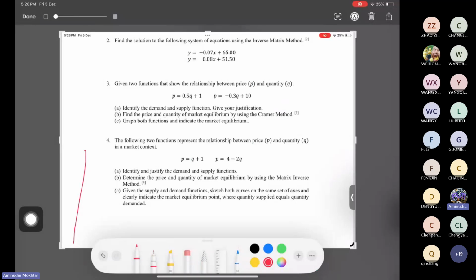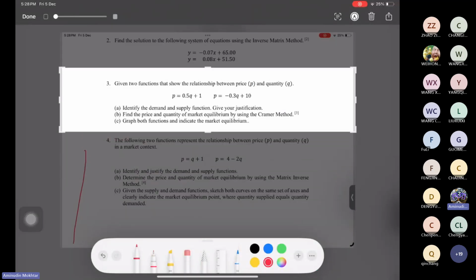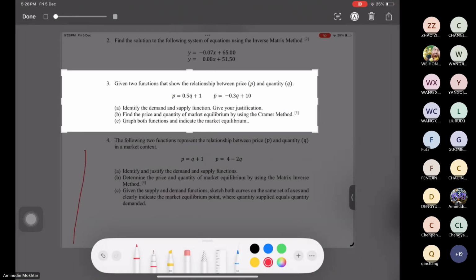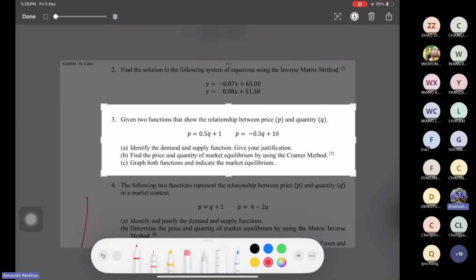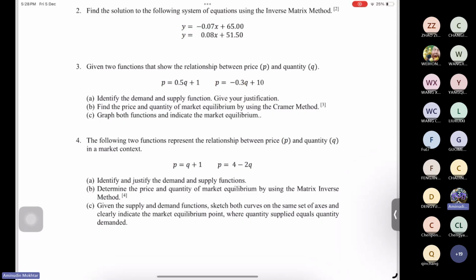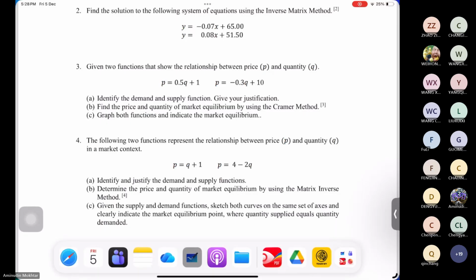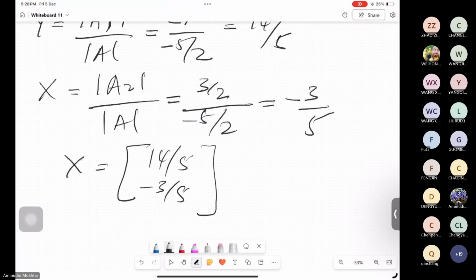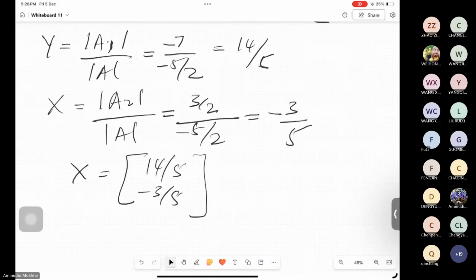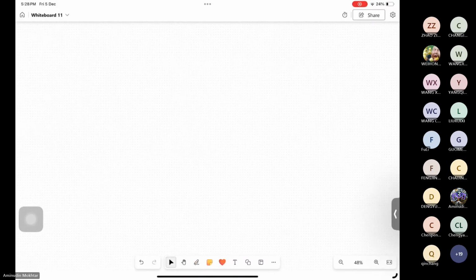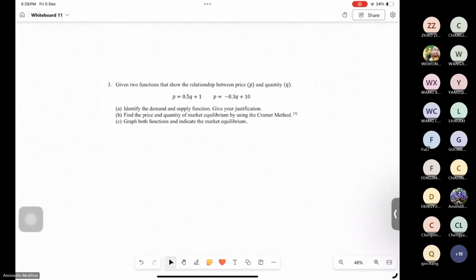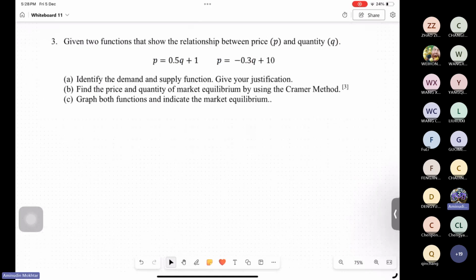This is question number 3. Given two functions that show the relationship between price and quantity.